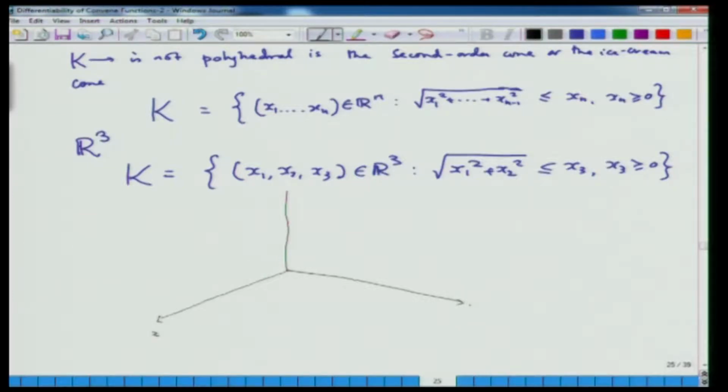The x axis, the y axis, the z axis. This cone looks like this. Not that the drawing is so good, but not very bad either, I would say.